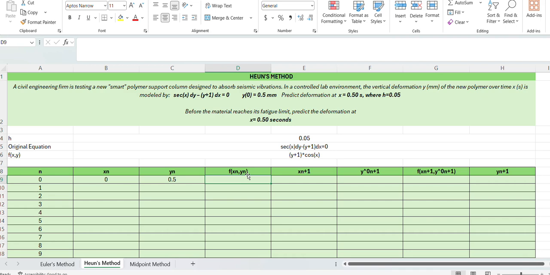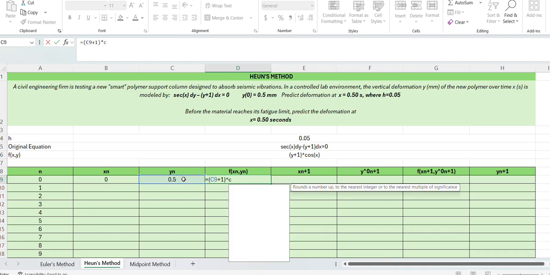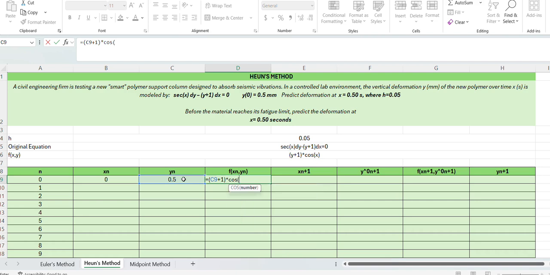To establish that, we use Excel formulas: the initial value of y, which is 0.5, plus 1 multiplied by cosine of x. And the value is 1.5.